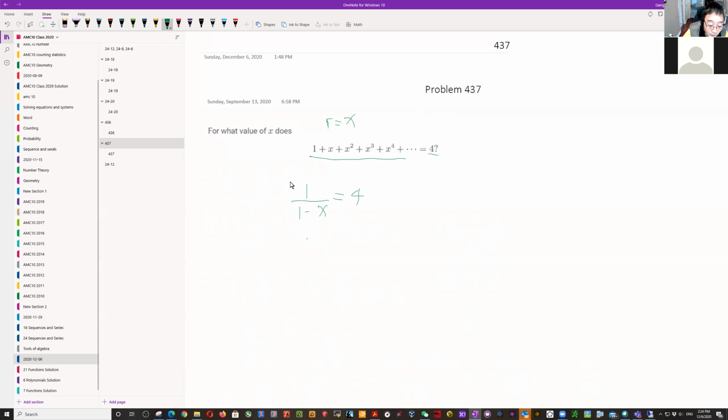This is an easy one. So 1 equal to 4 minus 4x. So this goes to this side, 4x equal to 3, and x equal to 3/4.